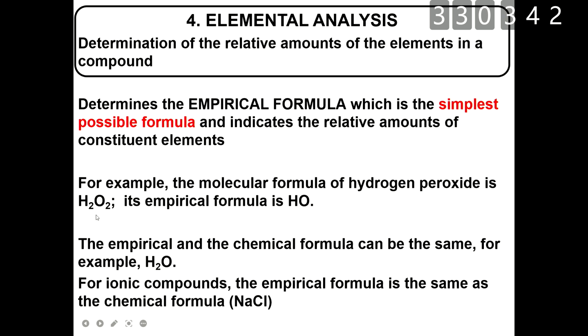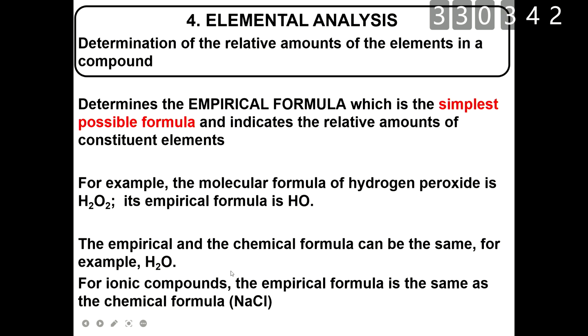Now from this example, you can see what an empirical formula is, right? The empirical formula is the simplest possible formula. Of course, here the 2 can be changed to 1 and 1, right?